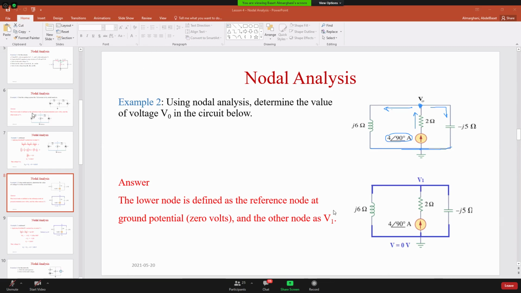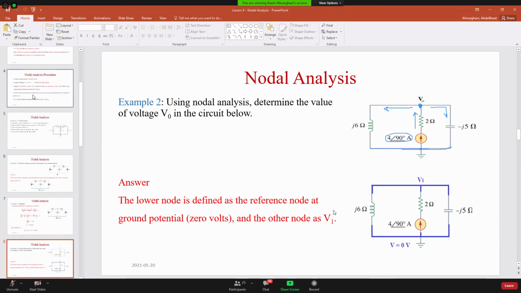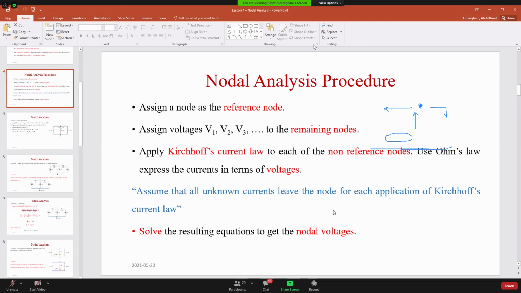And if we go back to here, just these steps one more time: you're gonna assign one node as your reference. The other nodes, you're gonna give them names, voltages. You're gonna apply Kirchhoff's law at those nodes, not the reference. The reference is 0 volt. We don't solve it. Then we're gonna change, using Ohm's law, those currents into voltages.